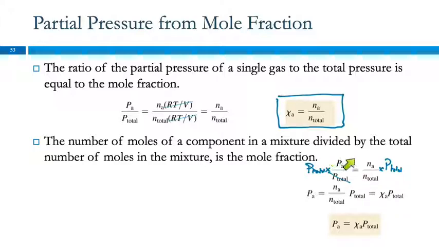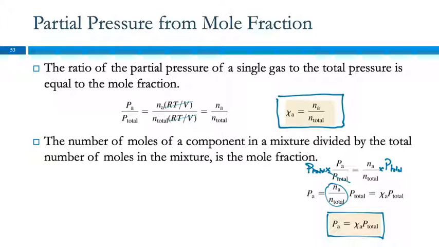So we got P_A is n_A over n_total times the total pressure. So that's what's written right here. And this part, this is the mole fraction, so that's chi A. So the pressure of a gas is proportional to its mole fraction. The mole fraction times the total equals the partial pressure.